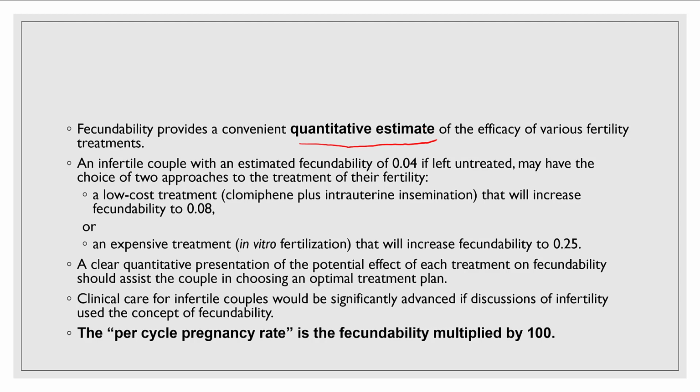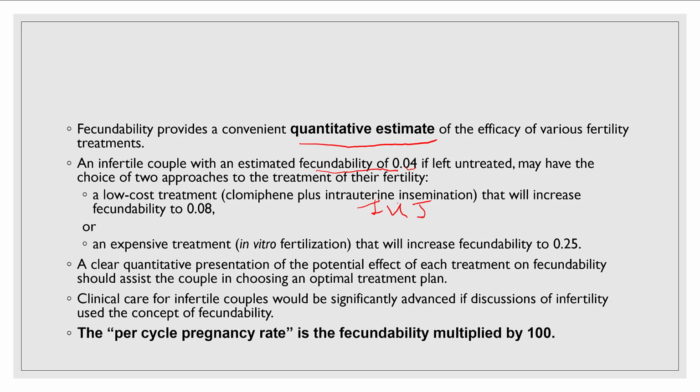Suppose we have a couple whose fecundability, after going through their history and assessing everything quantitatively by formula, we have estimated as 0.04, meaning the ability to have a pregnancy in a single cycle. Now we have two treatments. One is to go straight away for IVF. The other is to start inducing with clomiphene citrate and then intrauterine insemination, or IUI.